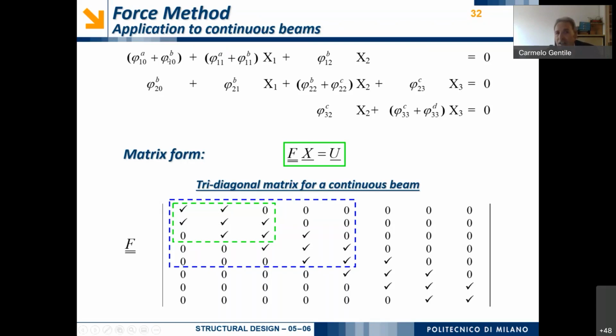Of course, since I have a system of linear equations, I can express it in matrix form.